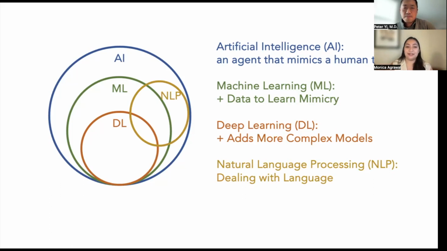Similarly, computer vision is another subfield of AI that can cross-cut machine learning and deep learning as well. So it's sort of an independent axis of what kind of data you have. Is it text data or vision data? That's separate from the actual underlying method.